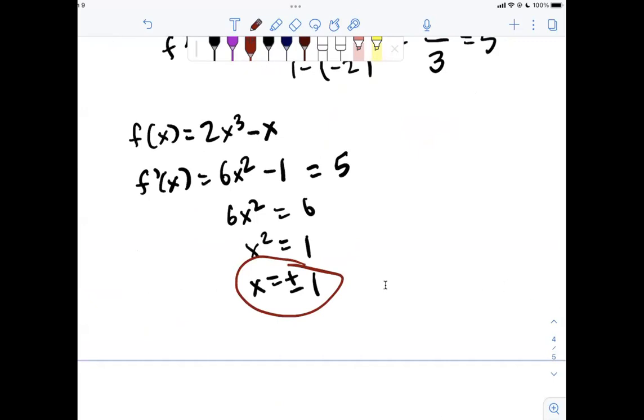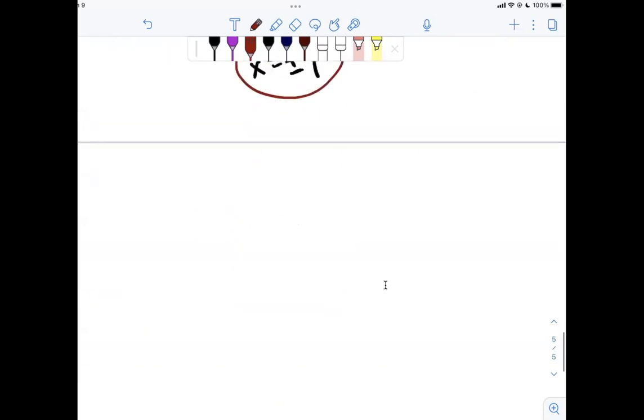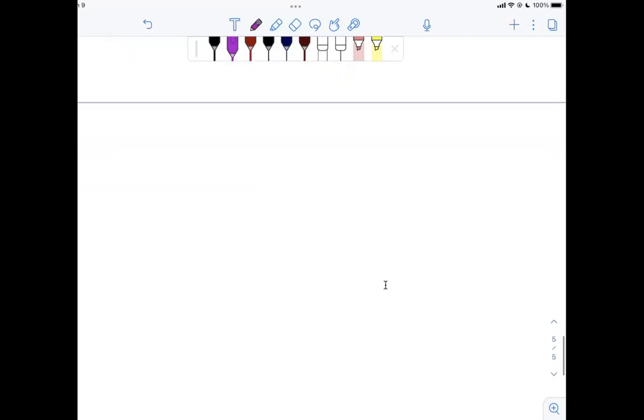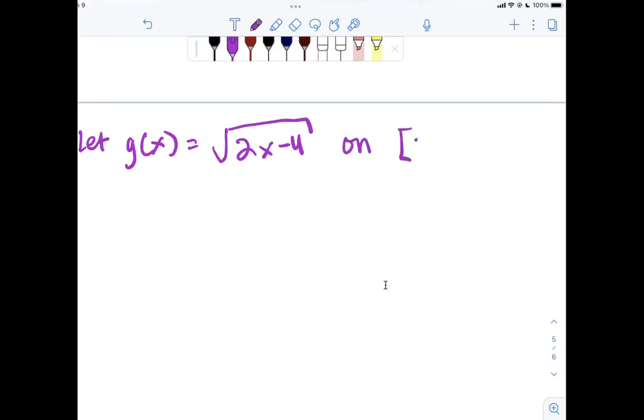All right, let's do one more, maybe slightly trickier one. So now I'm going to let g of x equal the square root of 2x minus 4, and this is on the interval from 2 to 10.